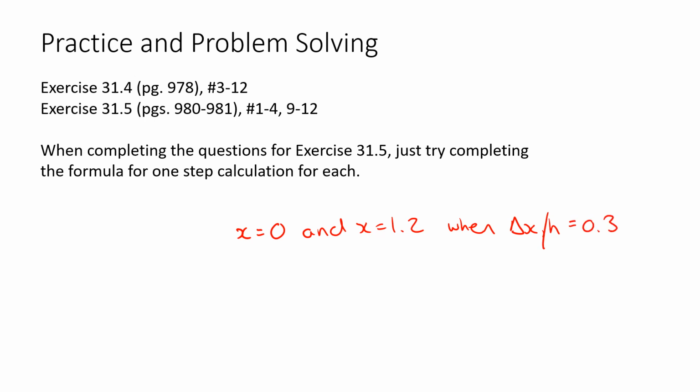So you'd see that you have 4 steps to get from 0 to 1.2. I don't want you to do that. I just want you to calculate it for the first step. Okay, so you would look at calculating it for, in this case, when x is 0.3. Again, I come back to you're doing the exact same math, just multiple times.